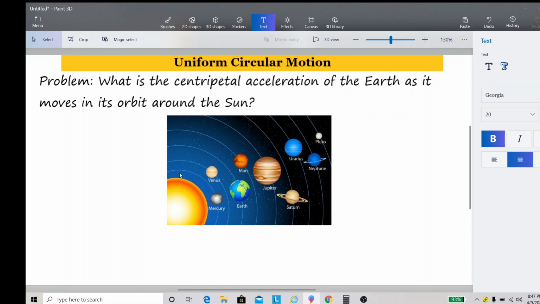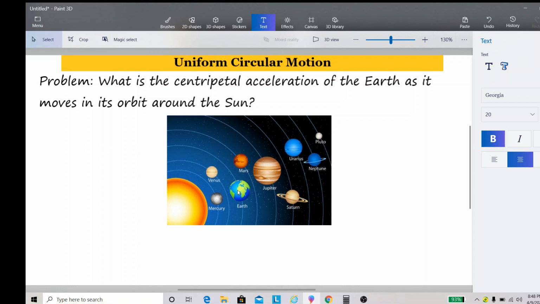Itong mga maliliit na lines na to, yan daw yung orbit niya, no? So it seems like it is moving in a circular direction, and the distance from the Earth to the Sun is somewhat the radius, okay, of this circle.